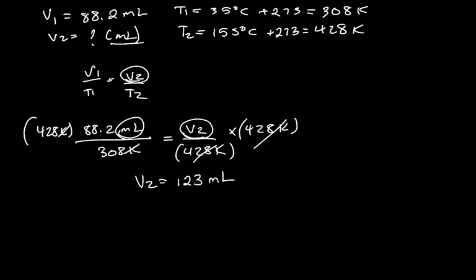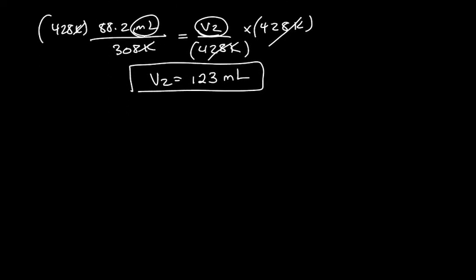This gives us a volume 2 of 123 milliliters. Okay, and were we expecting this? Most definitely, because look, from T1 to T2, we're increasing the temperature. So we should be increasing the volume of that.